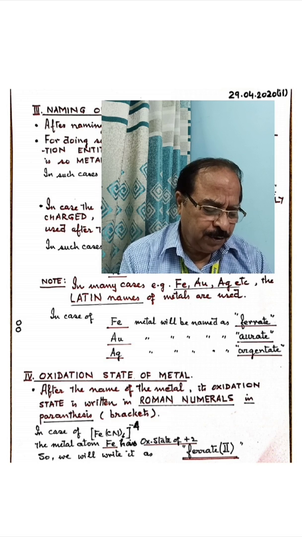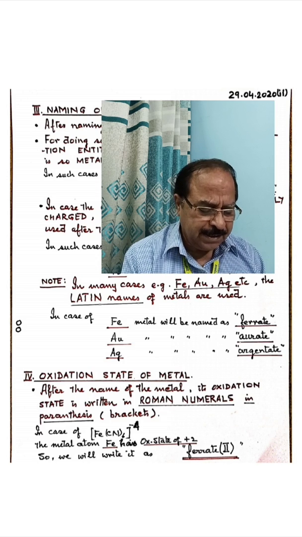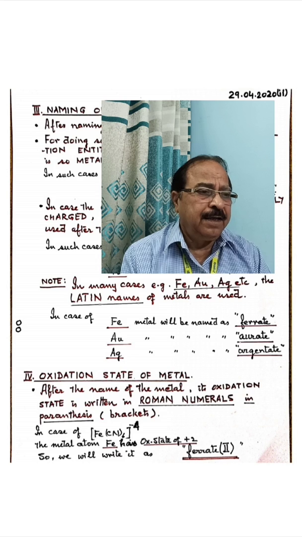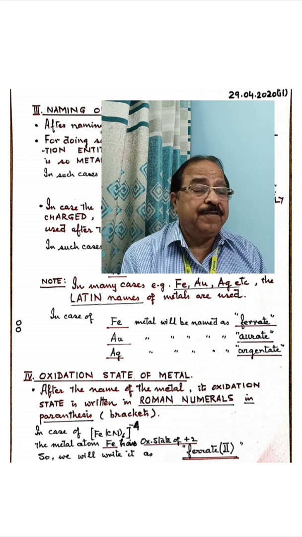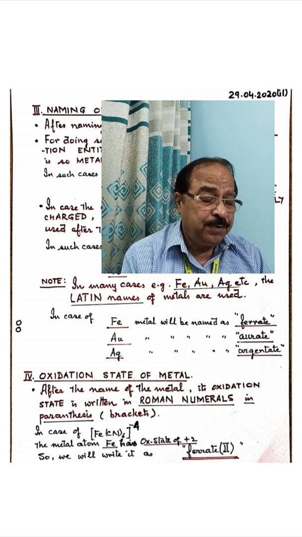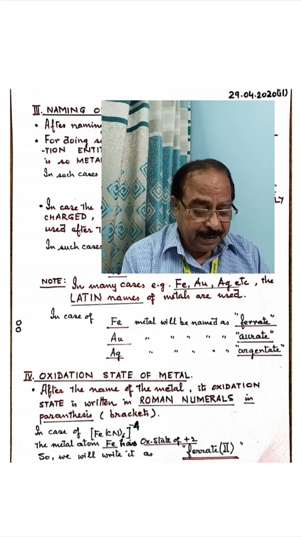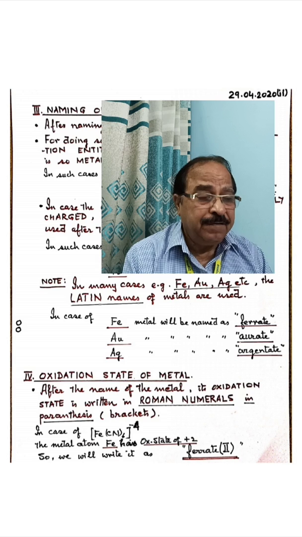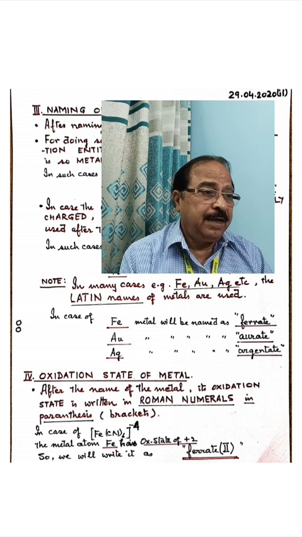To remind you, you might have studied in the lower classes that the name of iron, Fe, is ferrum. The name of the metal Au, that is gold, is aurum. And the name of the metal silver is argentum. So we are using their Latin names.